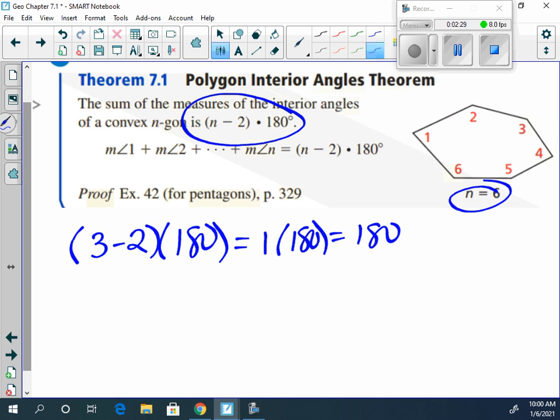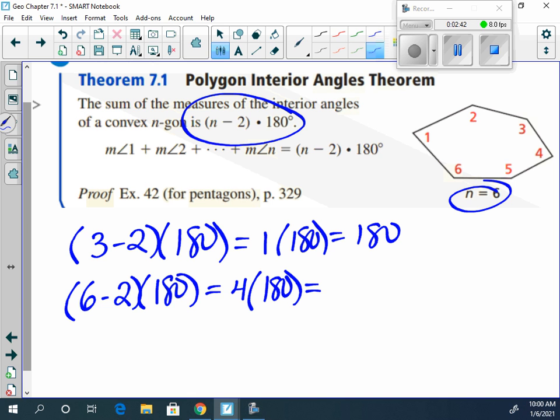Here they said 6. Well, 6 minus 2 times 180. 6 minus 2 is 4, and 4 times 180 is 720. So a 6-sided figure would be 720.